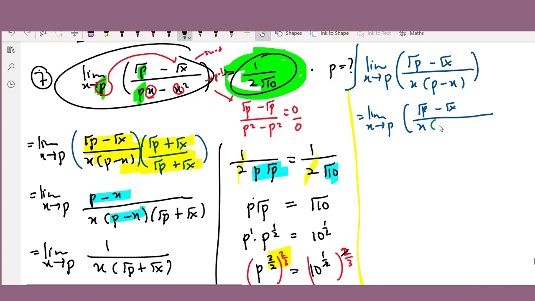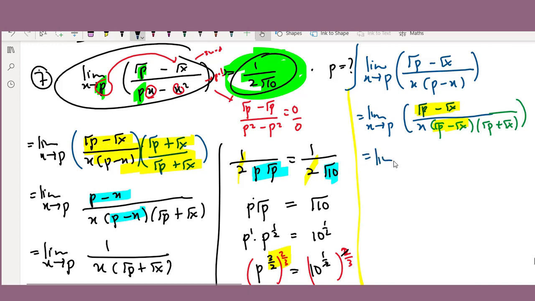Factorize this one: cube root of p minus cube root of x, times cube root of p plus cube root of x. Because this one is equal, cube root of p minus cube root of x cancels.